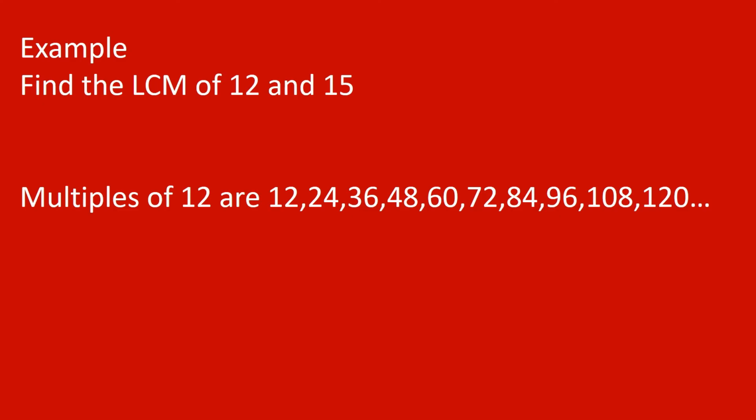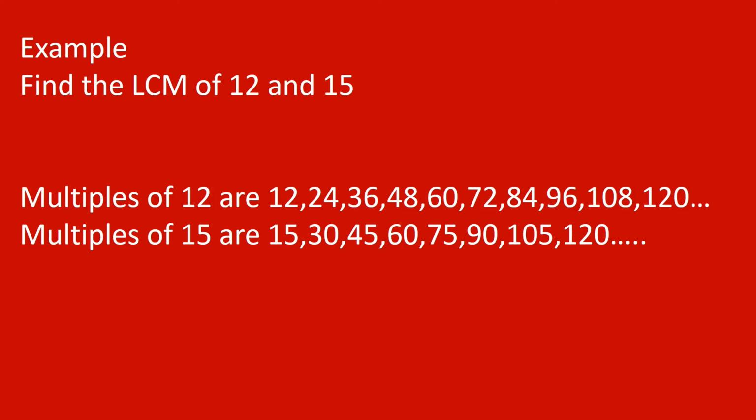Or in a simple way, we add 12 to each number. Then next we write multiples of 15. The multiples of 15 are 15, 30, 45, 60, 75, 90, 105, 120 and so on.